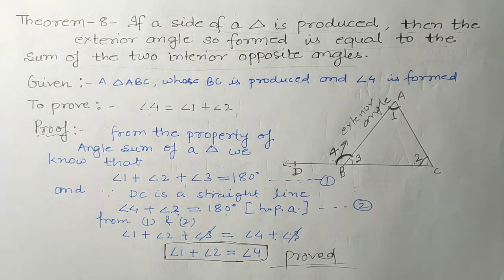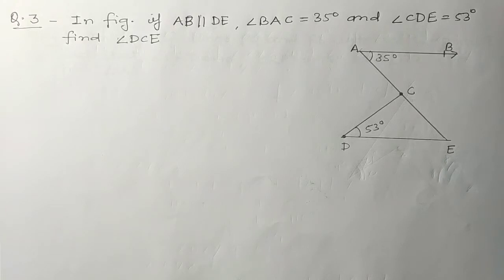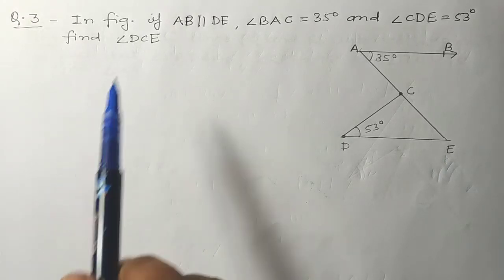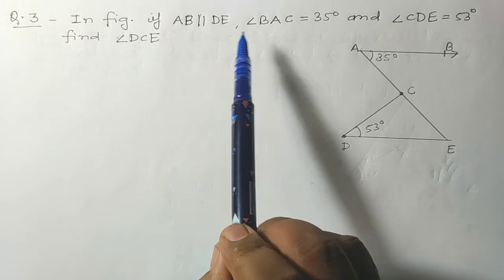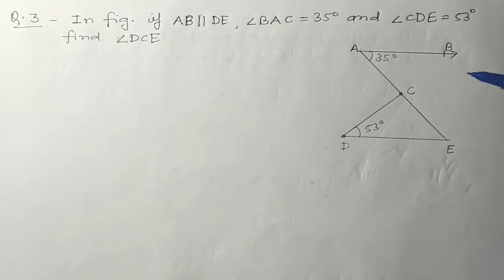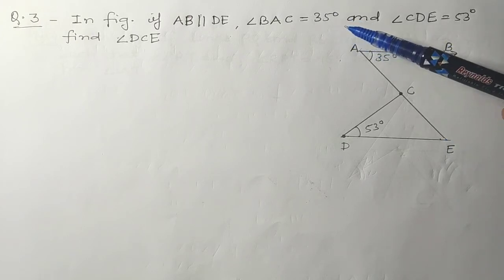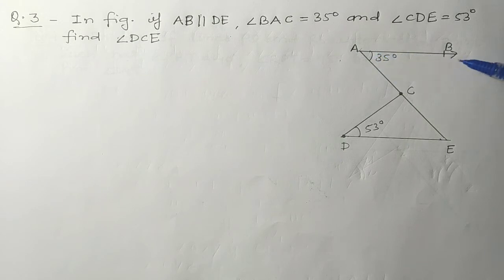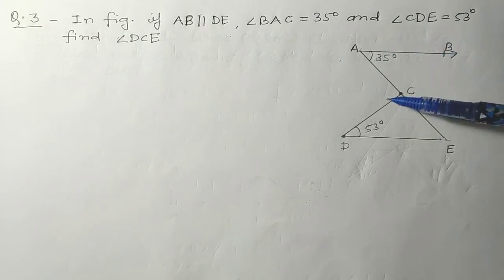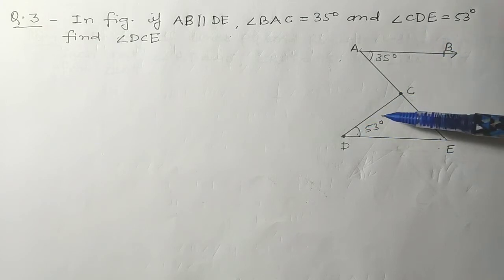Now let us see question number 3. In the figure, if AB is parallel to DE, in this figure side AB is parallel to DE, angle BAC is equal to 35 degrees, means this angle BAC is 35 degrees, and angle CDE is 53 degrees.